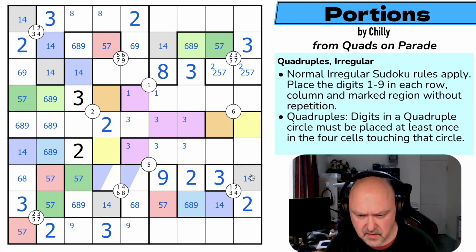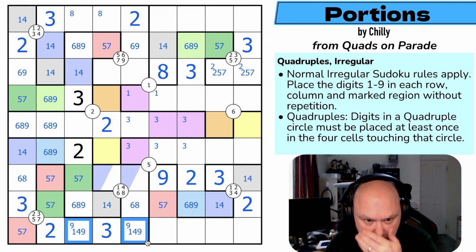Wait, hang on. I've broken something. Where's the grey 1-4 in this row? It's in one of those two. So this is 1-4-9. And there's a grey 1-4 in those. But I can't... Oh, the grey... No, the grey 1-4 is not up here. It's in one of those two.